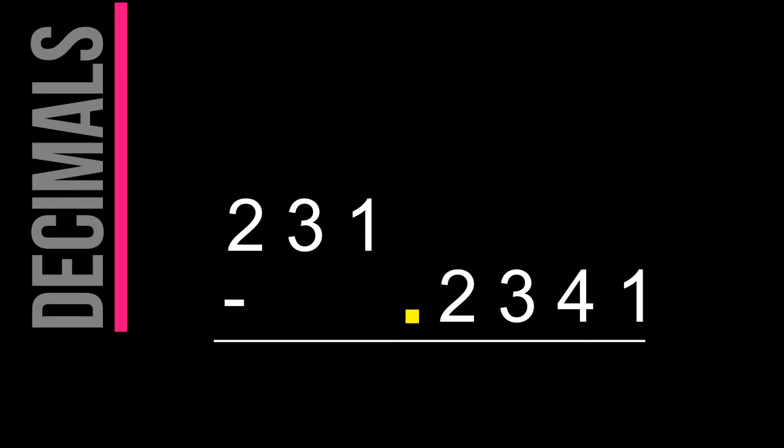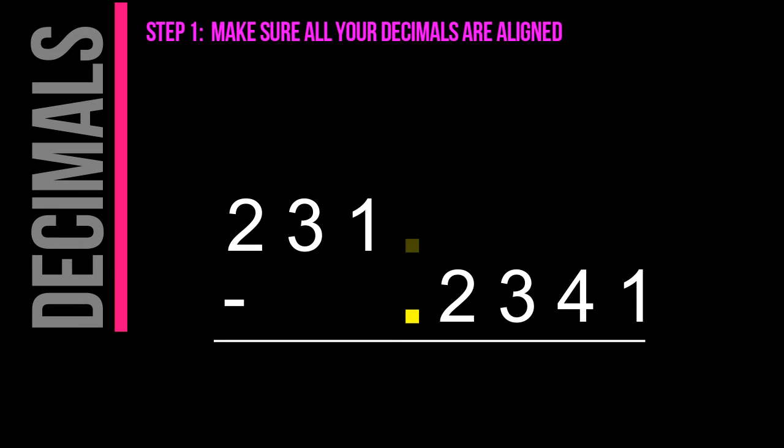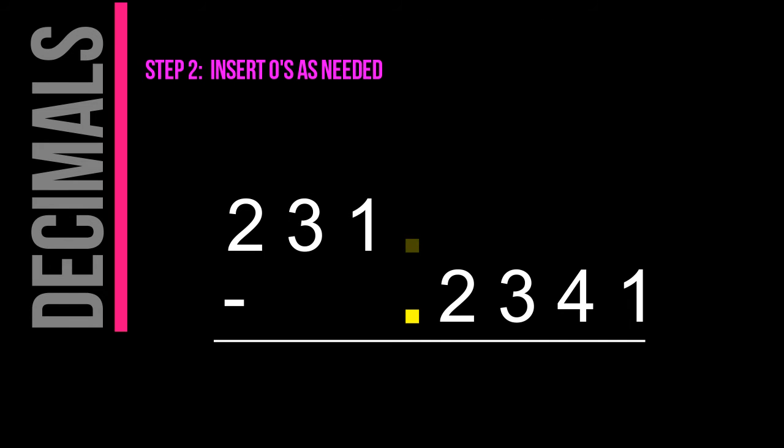There is no decimal that is written, but there's an implied decimal after the number. We're going to put a faint decimal at the end of this number just to keep our place. Our first step is to make sure that all the decimals are lined up, and as you can see, they are.